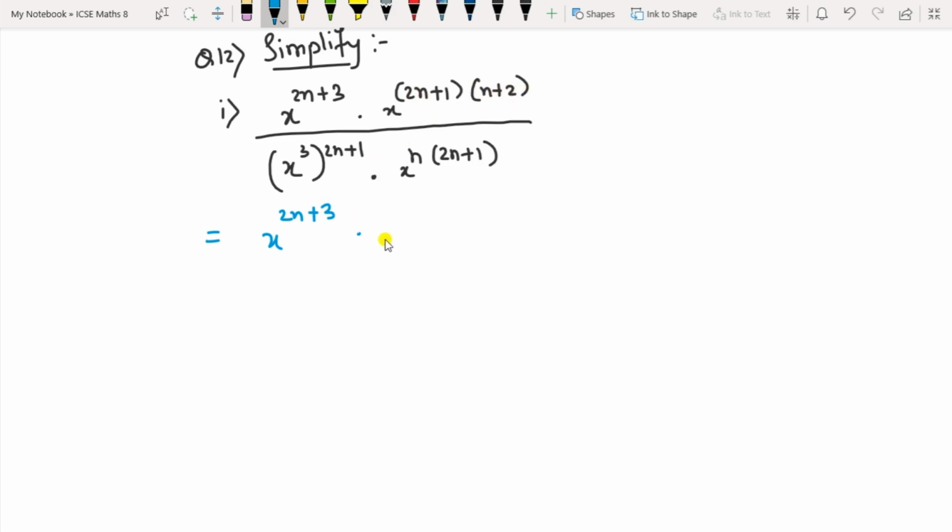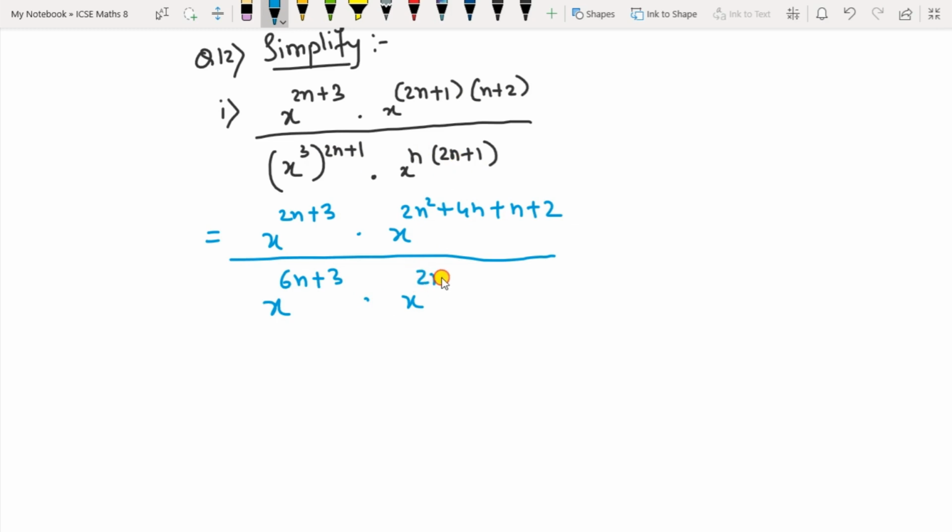So it becomes x raised to 2n into n, it becomes 2n square, then 2n into 2, so it becomes 4n, then with the 1 we have to multiply to each of the terms, 1 into n is n and 1 into 2 is 2, the whole upon, here again multiply 3, so x raised to 6n plus 3, and here multiply n inside, it becomes 2n square plus n.